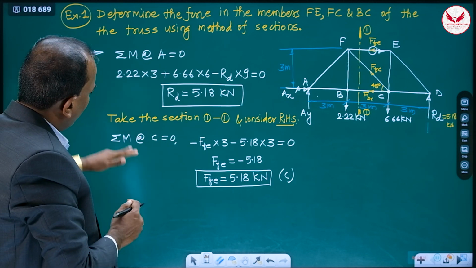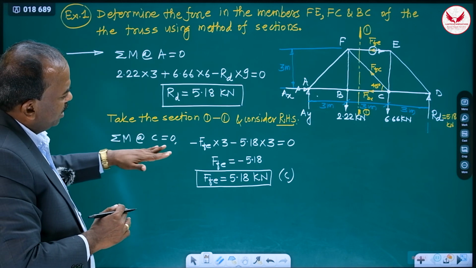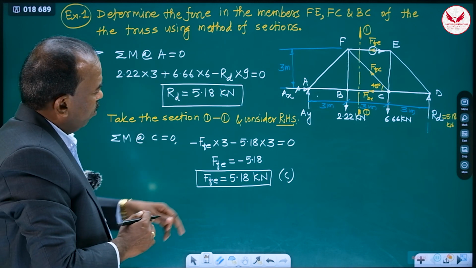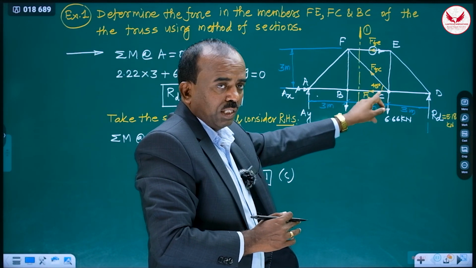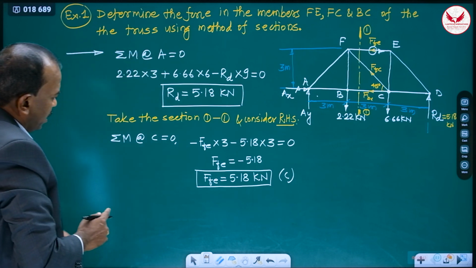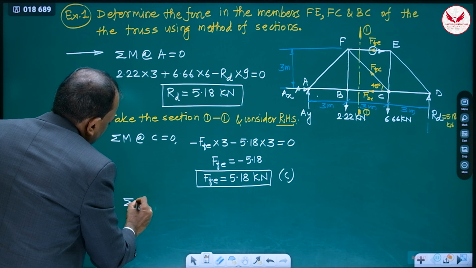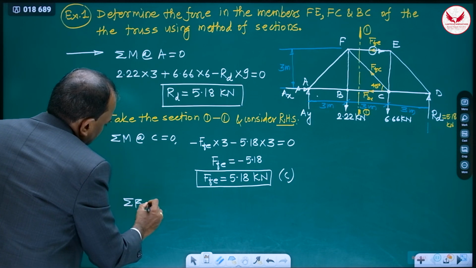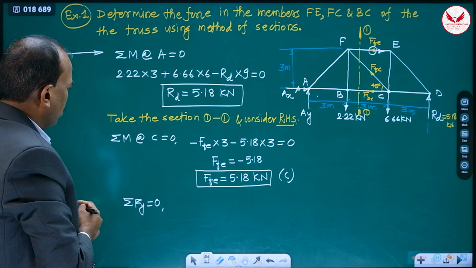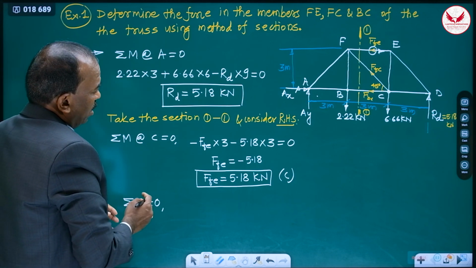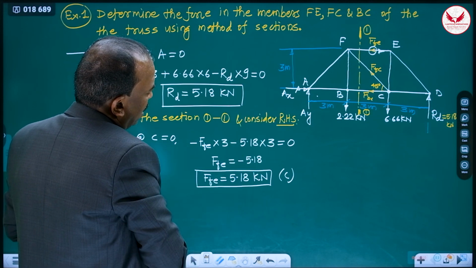Like this, we'll get one answer. And once we get one answer, the moment condition is enough. After that, we can use summation Fx or summation Fy. Now, FBC is the unknown, FFC is the unknown. One unknown is horizontal. Means the next condition, instead of using summation Fx, you use summation Fy is equal to 0. If summation Fy is equal to 0, that means what we'll get? FE and BC will not be in the picture.